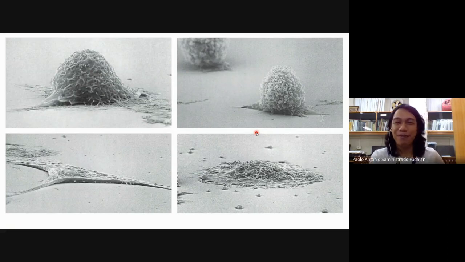So can anyone from the group tell us what's happening to the cell here? I think this is step 1, step 2, and then step 3, and then step 4. What is happening to the cell in these illustrations?